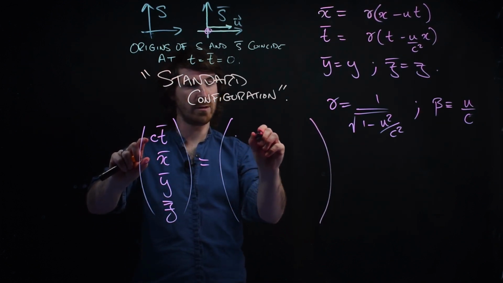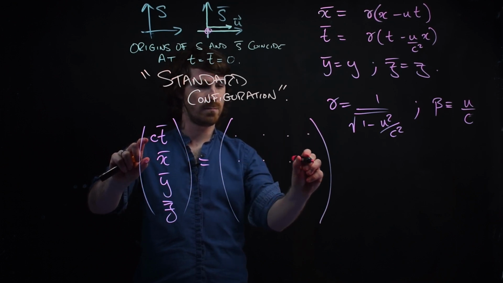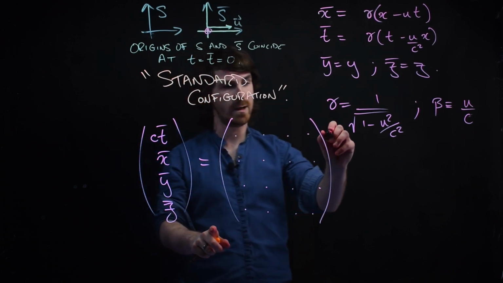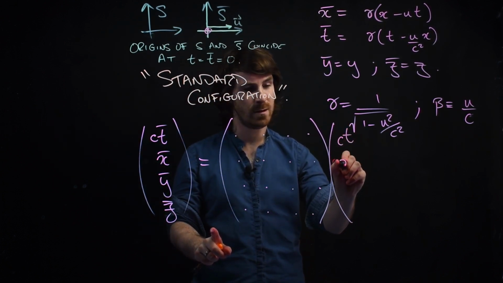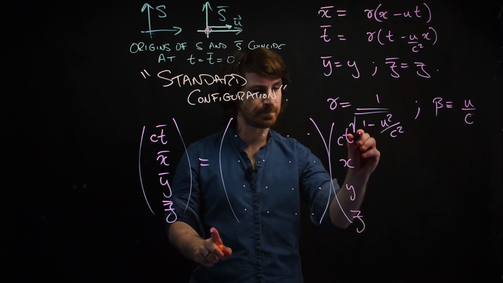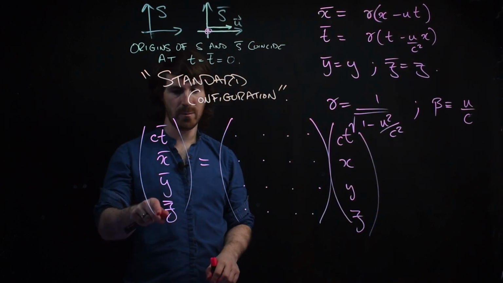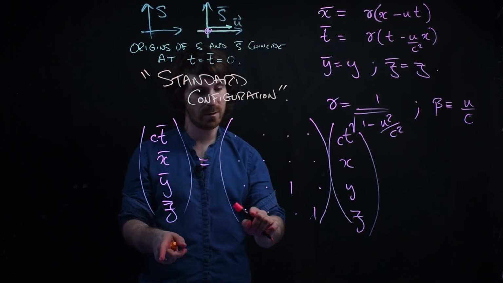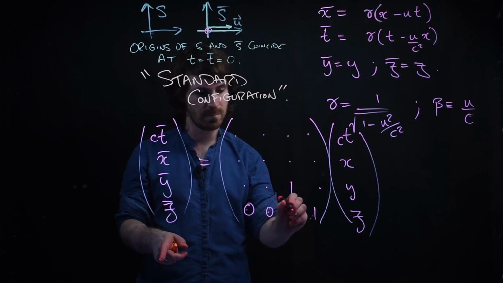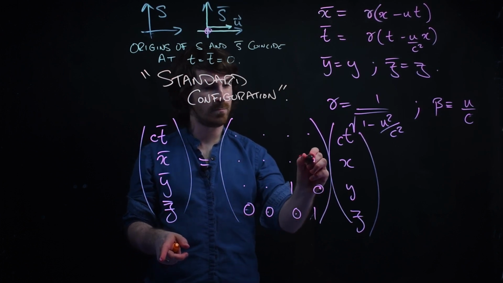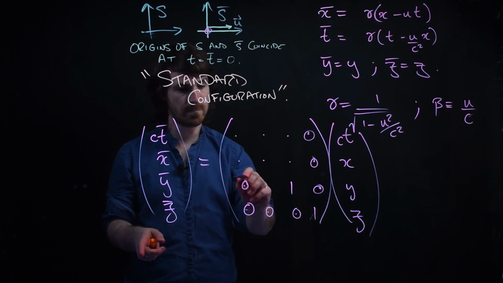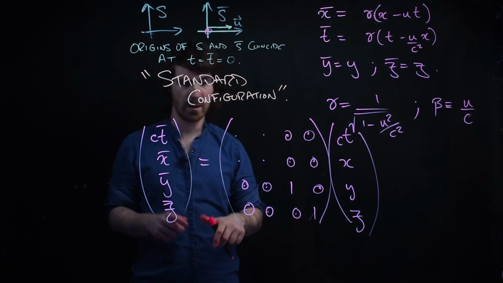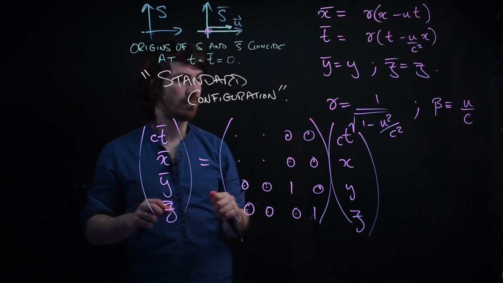So this is a 4 by 4 matrix, and it's acting on c t, x, y, and z. Okay, so y bar and z bar are unchanged. So we have a 1 here and a 1 here and zeros in these places. 0 and 0. And it's only x and t that kind of get modified.